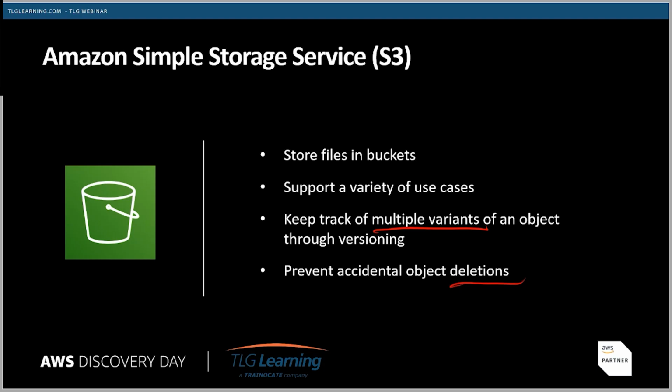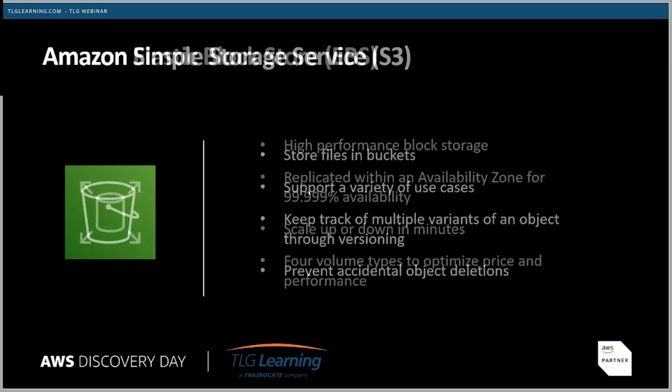We can put a hold on objects. So if you have legal requirements where you need to keep content for a certain number of years, something needs to be saved for 5 years, we can lock them. So an object can't be deleted and can't be modified for the next 5 years.